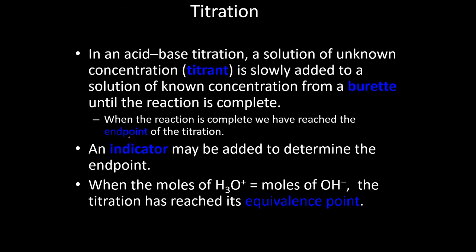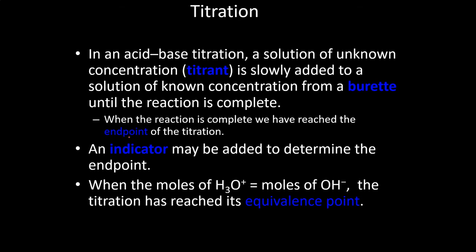Usually the unknown is in the beaker, but you could technically do it the other way around. It'll work either direction as long as you have a known and an unknown. But we are going to always have the known in the burette and the unknown in the beaker.